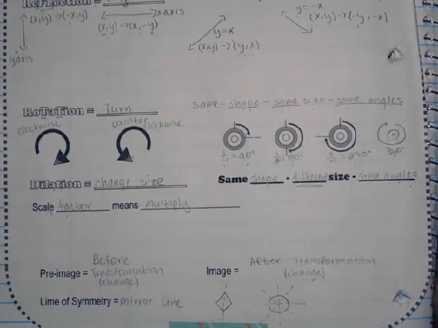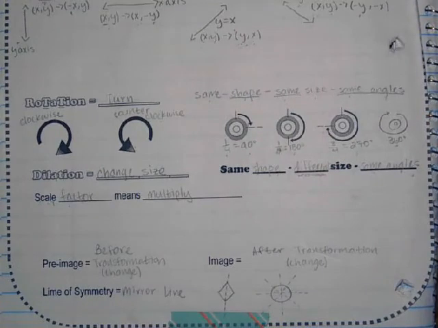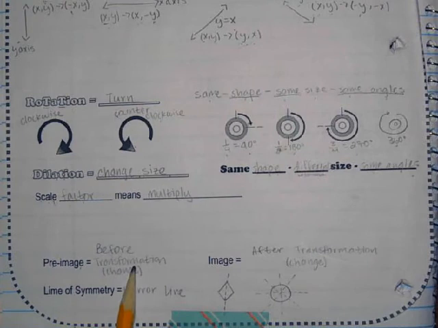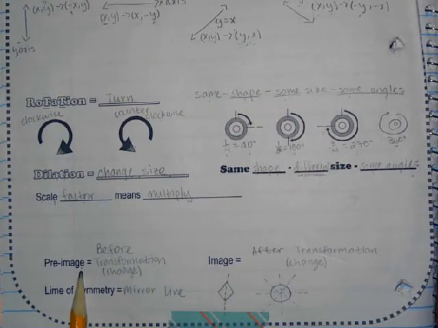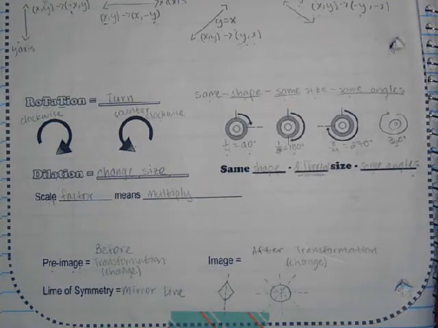The original and the new shapes have special names. Okay? So, pre-image means before transformation or before we change it. This is the original picture. Pre-image means the original picture. What does it mean? The original picture. All right? Image is after we do the transformation or after we change it.